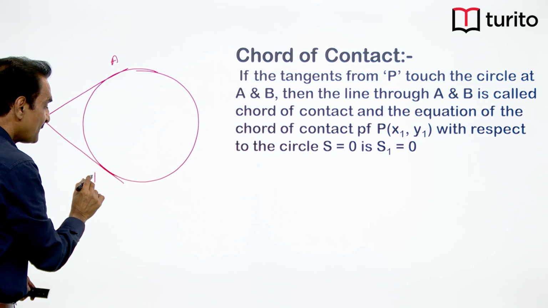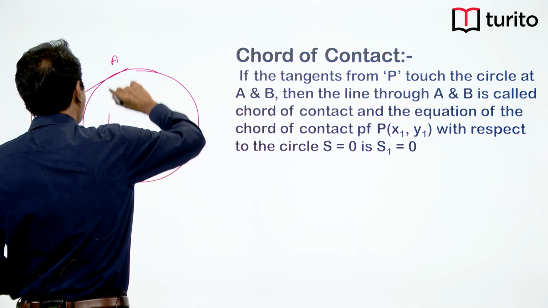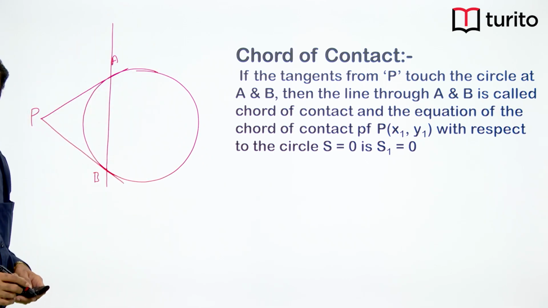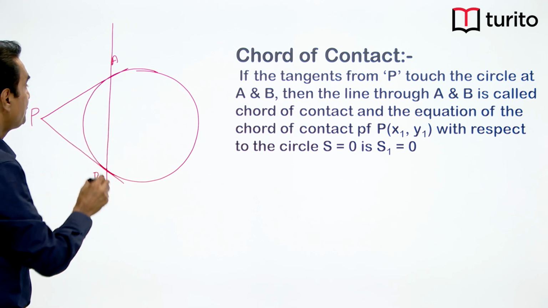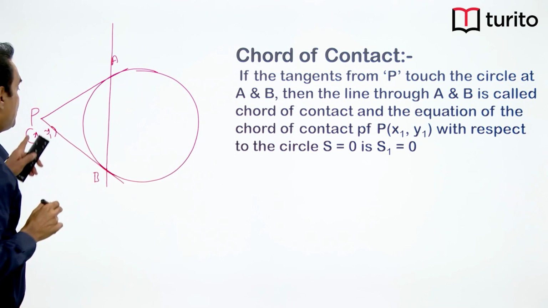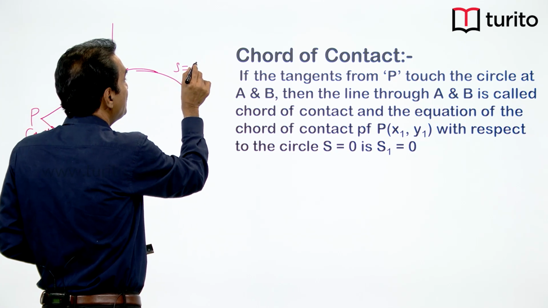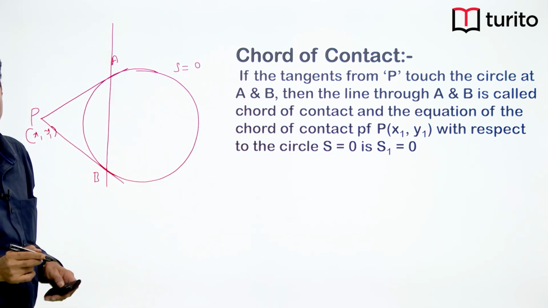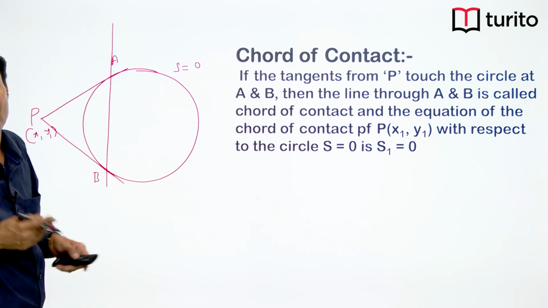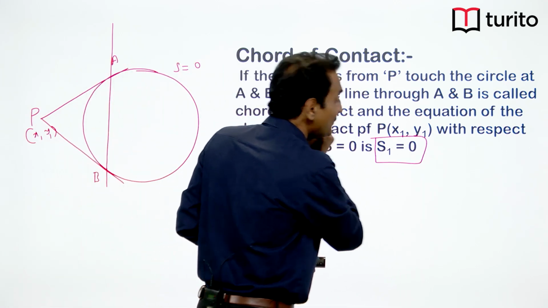Let the points of contact be A and B. Then the line joining A and B is called the chord of contact of the point P with respect to the circle. Let us take point P as x1, y1 and the equation of the circle as S equal to 0. Then the equation of this line AB, which is the chord of contact of P, is given by the formula S1 equal to 0.